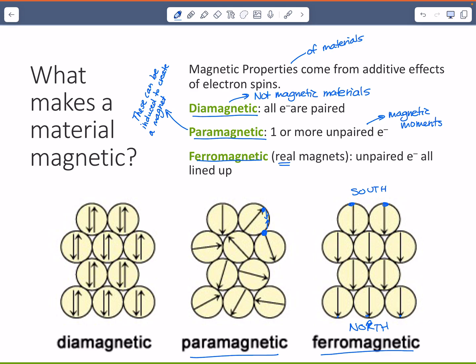Those are paramagnetic materials. So if you've had an MRI, the way that we get an image out of that instrument is we utilize the magnetic properties of our electron spins. So what we do is we run an electric current through a material that is paramagnetic to create a very strong magnetic field.